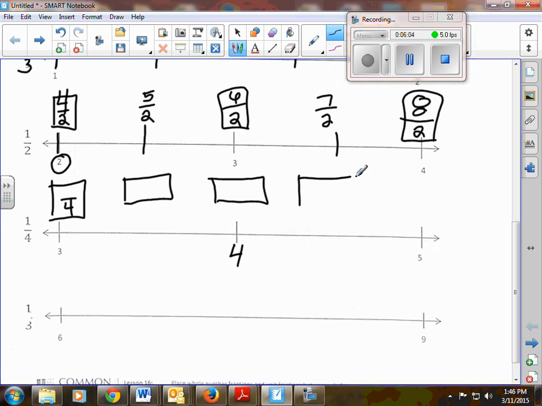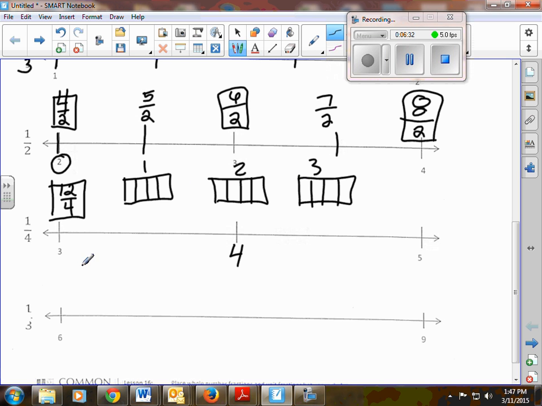3 whole figures here, and they're all broken into fourths. How many fourths are there? There's 4, 8, 12. 12 fourths is 3 whole. 3 whole figures.